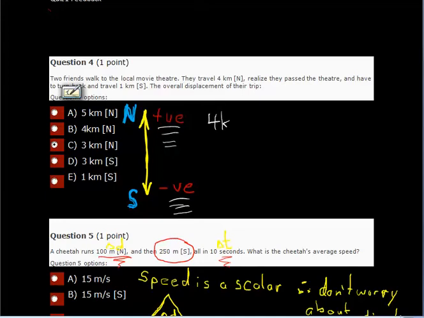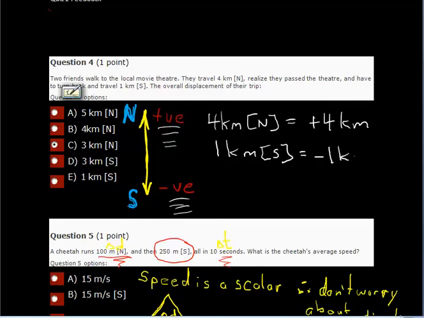So I've got 4 kilometers north. Under my system, that's going to be plus 4 kilometers. I have 1 kilometer south. Under my system, that's going to be minus 1 kilometer.